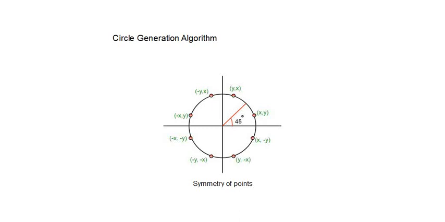So as you can see here, we have a circle. It has a property that we can exploit. That property is symmetry of points. If you have a point (x, y) here, you can have 7 other points on the circle in a particular symmetry. And how do we form that symmetry?